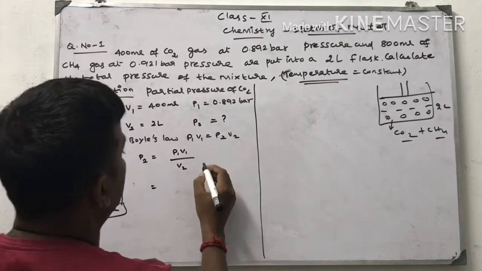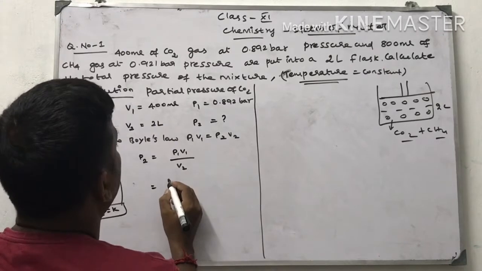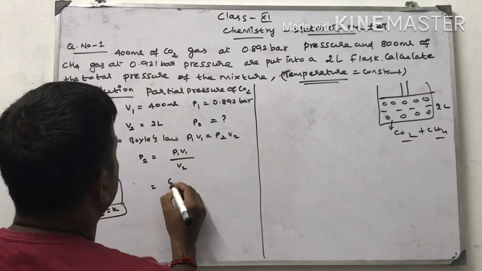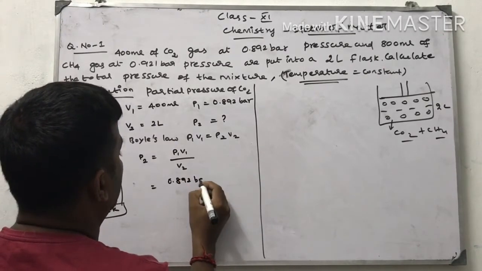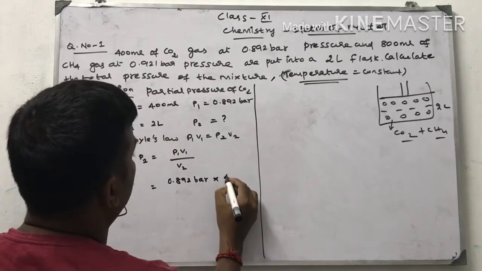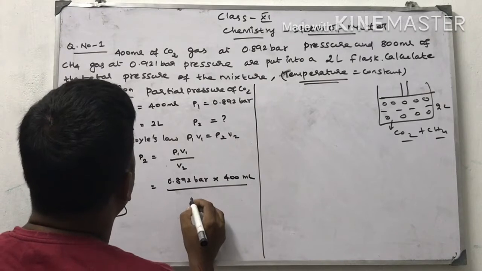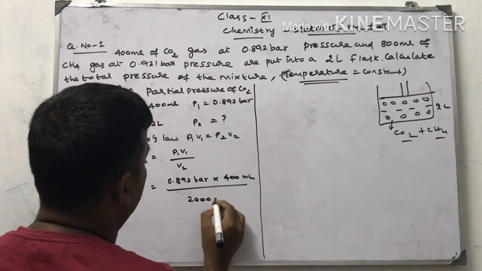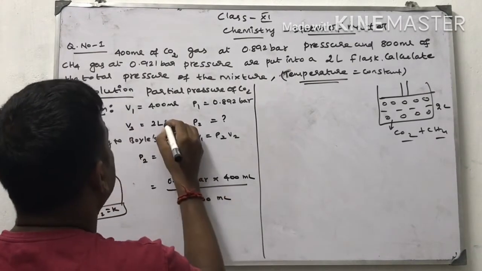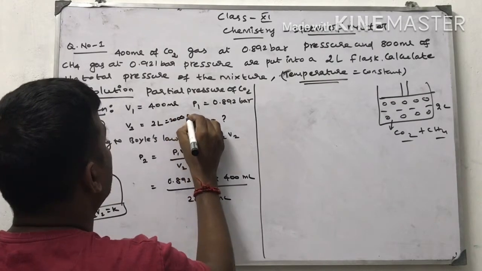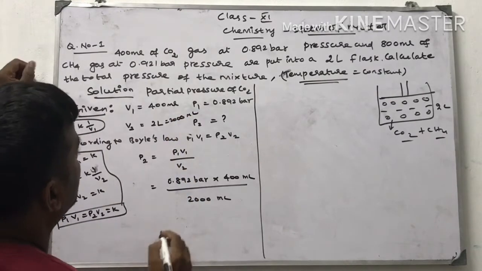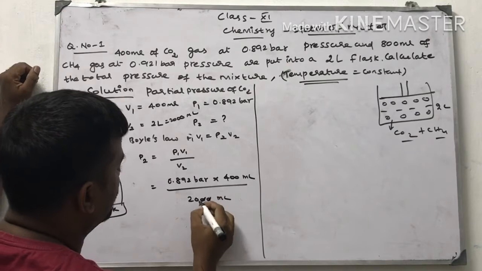Substituting the values here. What is P1? P1 is 0.892 bar into what is V1? 400 milliliters. And what is V2? 2000 milliliter. 2 liter is equal to 2000 ml.